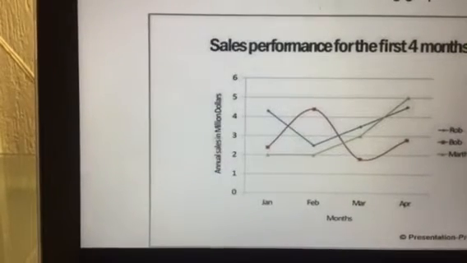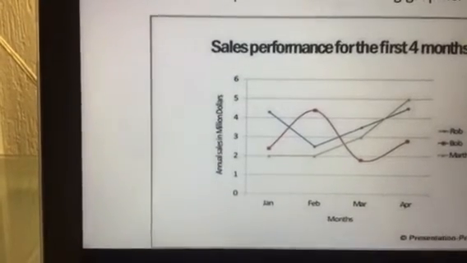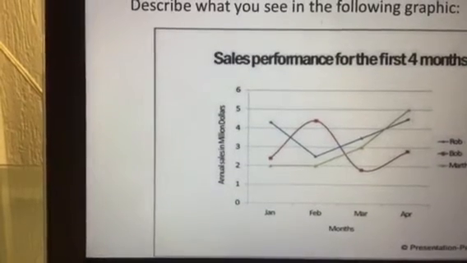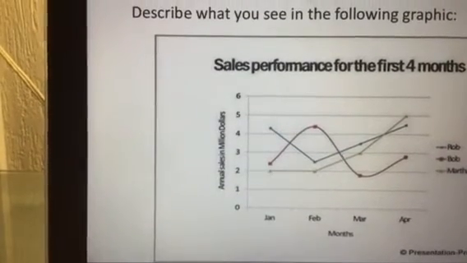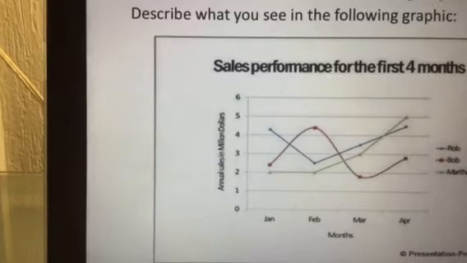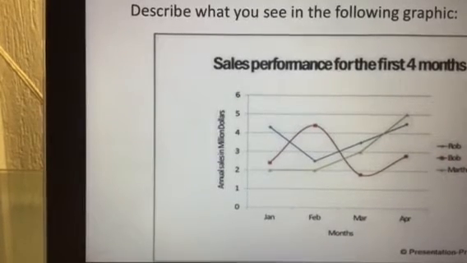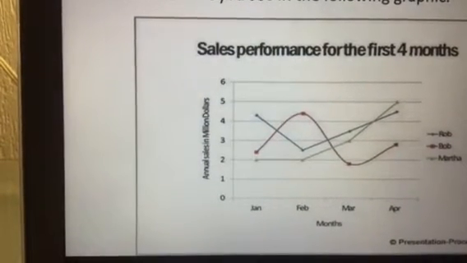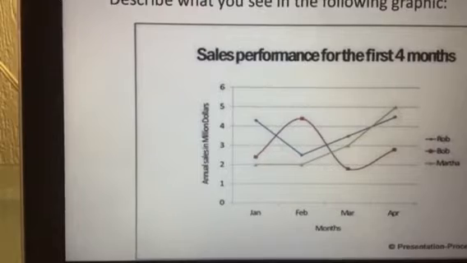But then we can see that there's a plummet, because from 4.4 he got down to $1.8 million. Then he tried to stabilize the sales, and he came up with $2.8 million.